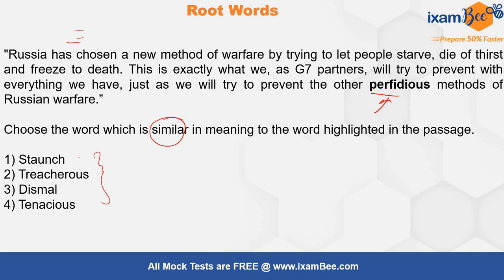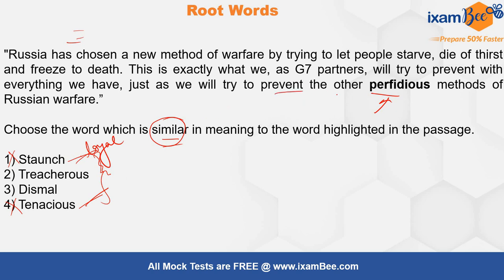Now staunch we know is a very strong or loyal person, a staunch supporter. And so is tenacious. These both are synonyms of each other but antonyms of perfidious, and we need to choose a word which has a meaning similar to perfidious. So these are both positive words, so these cannot be our answer, right? So why did I say that these are positive and cannot be the answer?